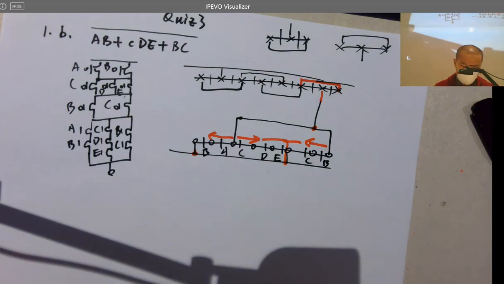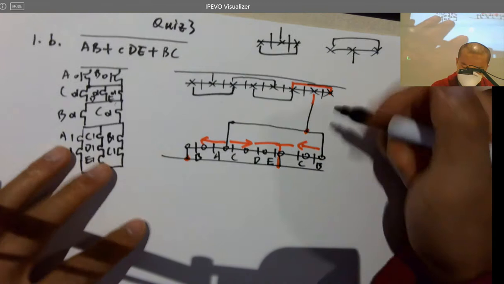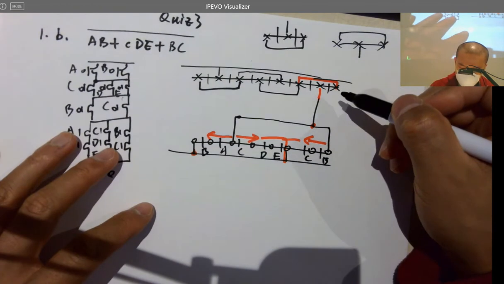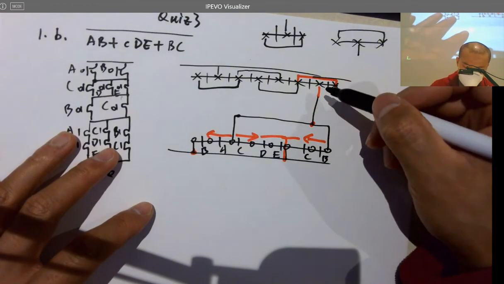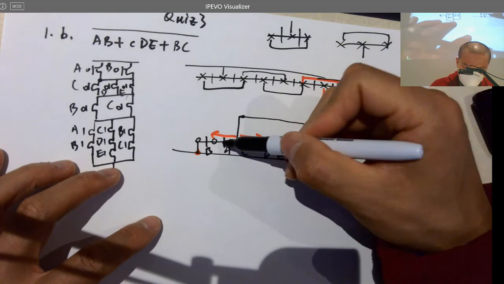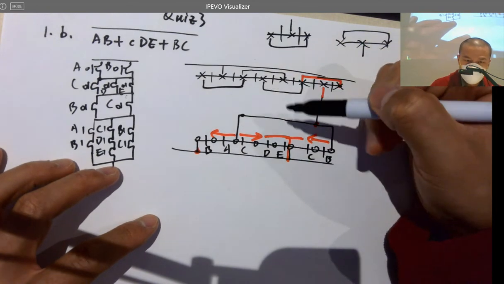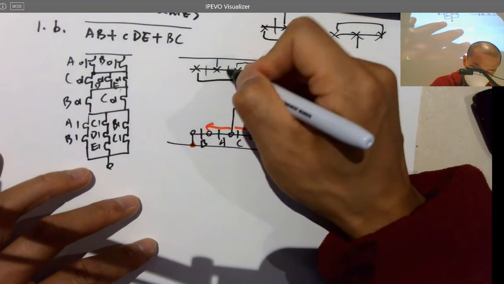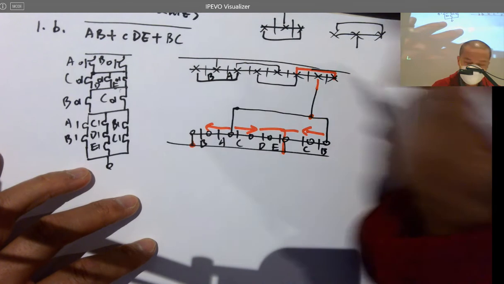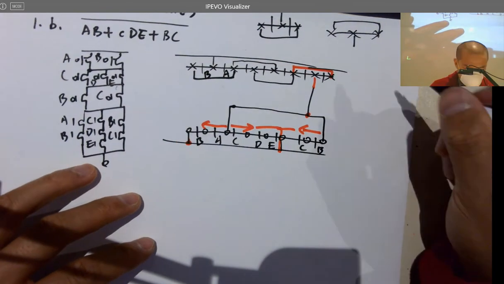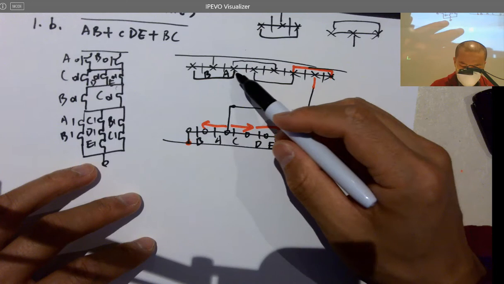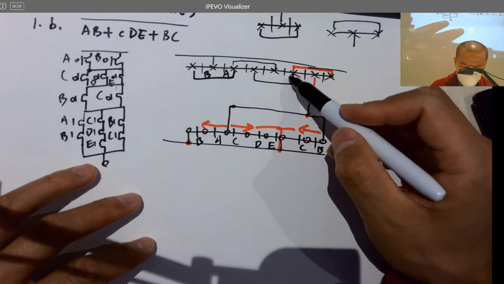I think so. And then when you are trying to optimize the signal lines, you do have different options. But based on the layout view right now, I prefer this to be A, this to be B. Because these 3 transistors are in parallel, it doesn't matter which is which.